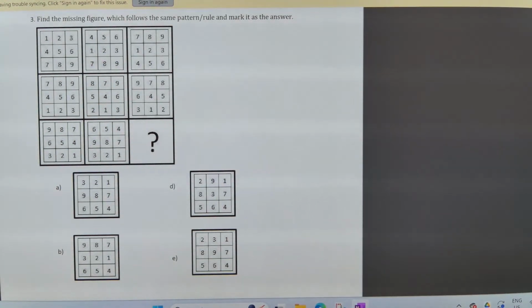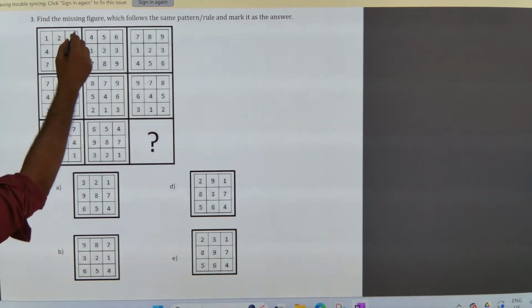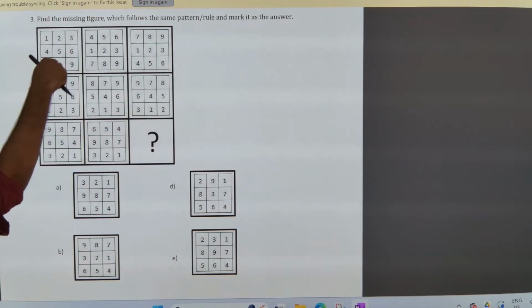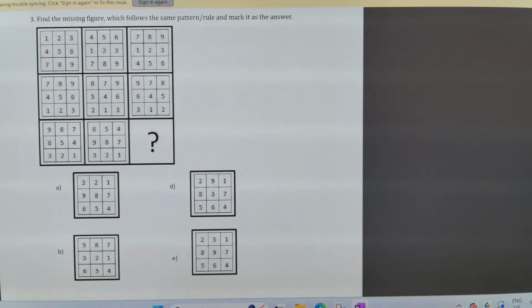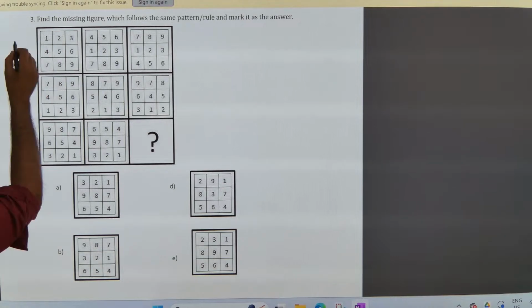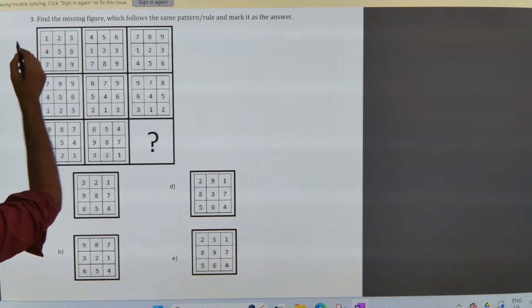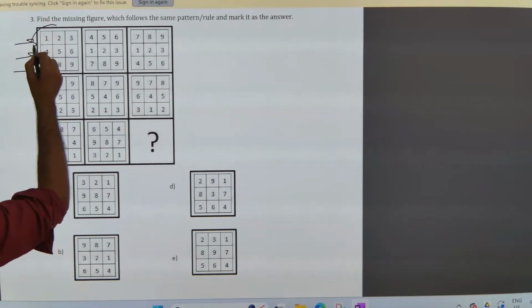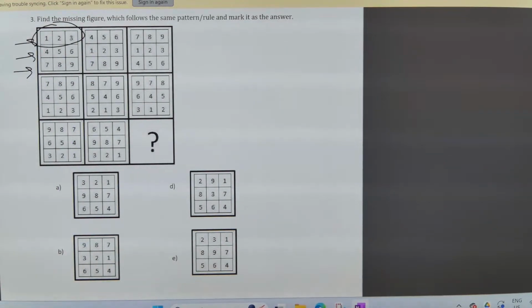So the pattern is, in the first grid, it is a huge grid in which we have other grids of 9 cells, right? So in the first grid, we have 1, 2, 3, 4, 5, 6, 7, 8, 9. So this one row is a single entity, right? This row moves together.